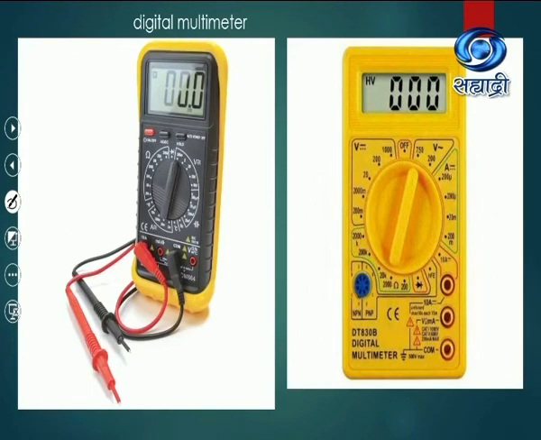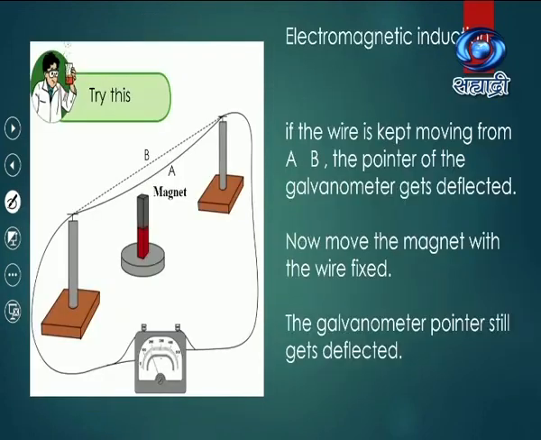Nowadays, these test tools are used to measure two or more electrical values, that is digital multimeter. So basically, potential difference in volt, current in ampere, and resistance in ohm can be measured by using this digital multimeter. It shows the value directly in digits.